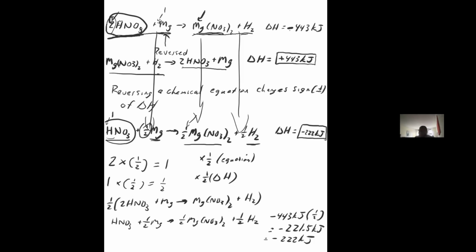Now the last step would be that you could do both together. You could multiply by a number, and then you could also reverse it. So sometimes we'll have that. So suppose we have, I'm going to write this again, 2HNO3 plus Mg goes to MgNO32 plus H2, and our delta H is minus 443 kilojoules.